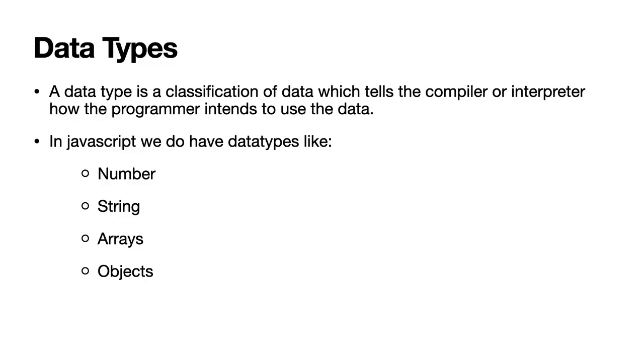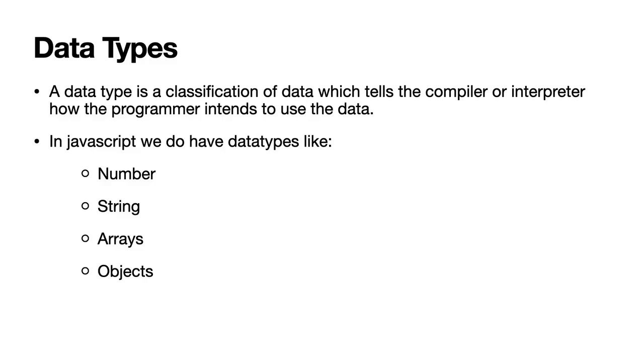So in JavaScript we have four types of data, and we do have many others, but I am covering these four only. The first thing is number. The number is nothing but all types of number, which includes int, float, double, short, as well as long int, short int. It covers every number data type.